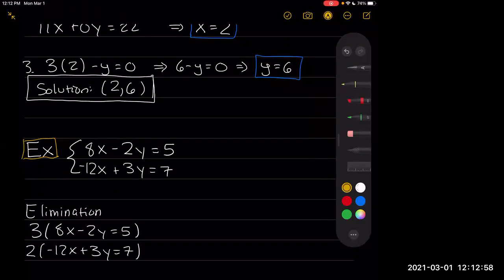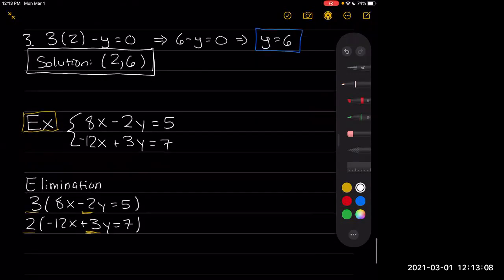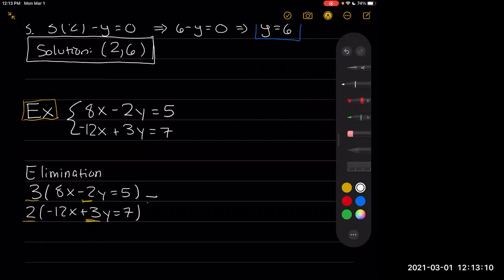And the reason we're doing that is because of this 2 and 3 on the y. We're going to multiply to get them both to be 6, or negative 6 and 6, so that they cancel easier. So this becomes 24x minus 6y equals 15, and negative 24x plus 6y equals 14.